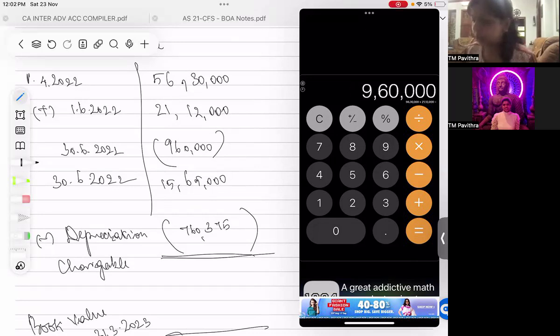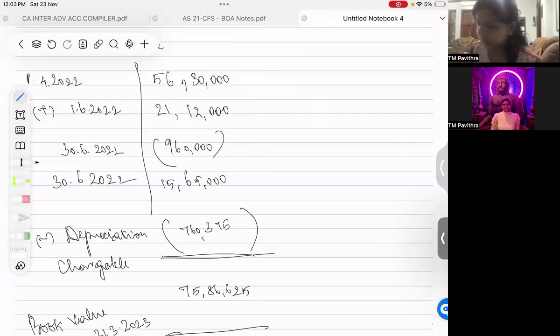And also we are bringing in an addition of about 15 lakh 65,000. And also the depreciation for the component of machine which we retain and carry forward amounts to 7 lakh 60,375. So the value of machinery now stands at about 75 lakh 86,625. Now we are ready with our answer.